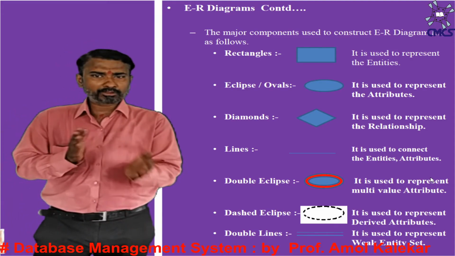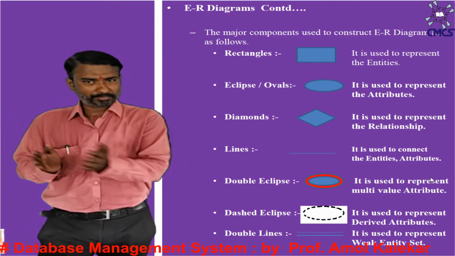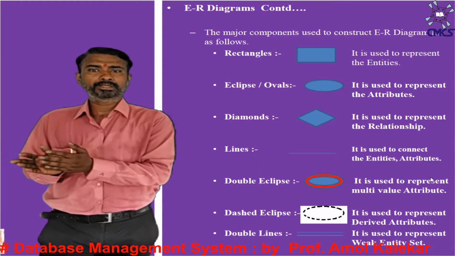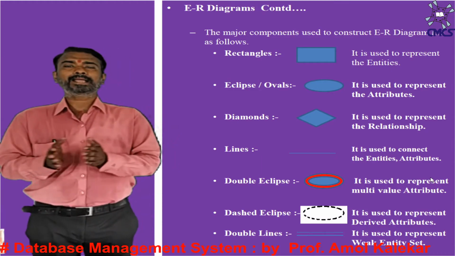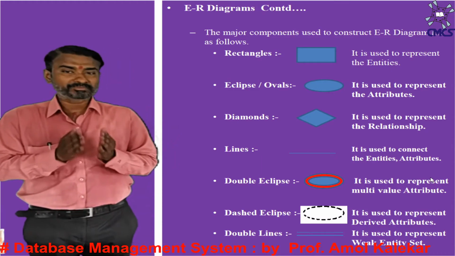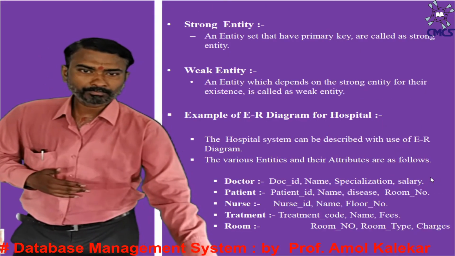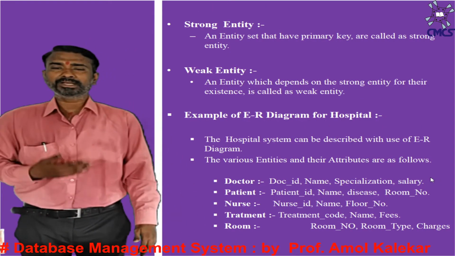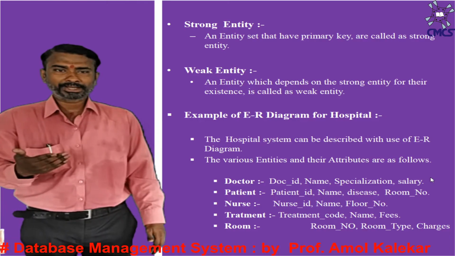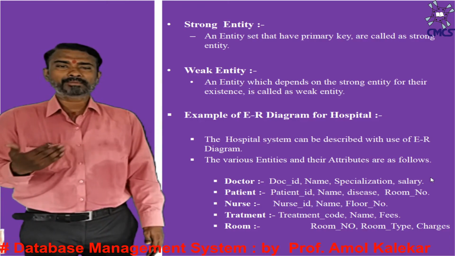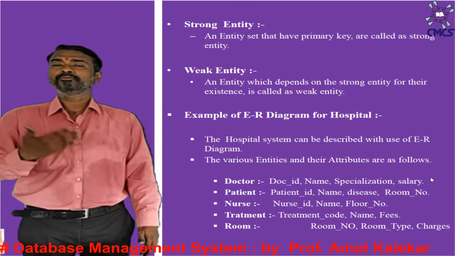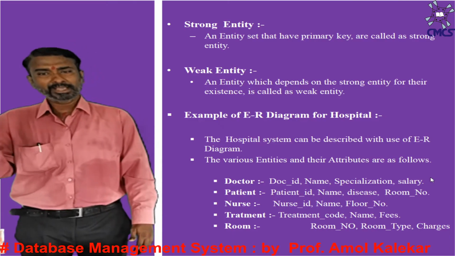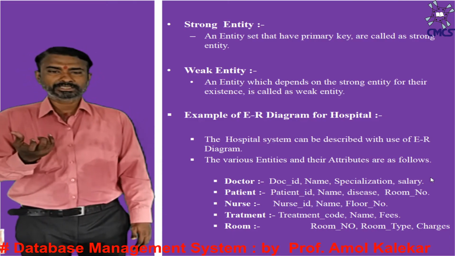Dear friends, we have already seen this ER diagram in previous sessions where we have seen the diagram of the hospital management system. So these are the variety of entities that can exist. Strong entity that is having the primary key, weak entity which also depends on the strong entity for its existence.